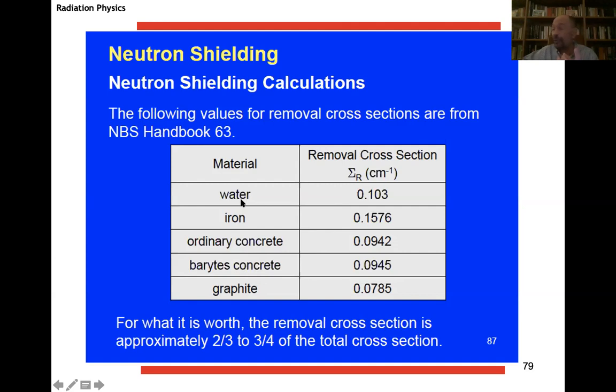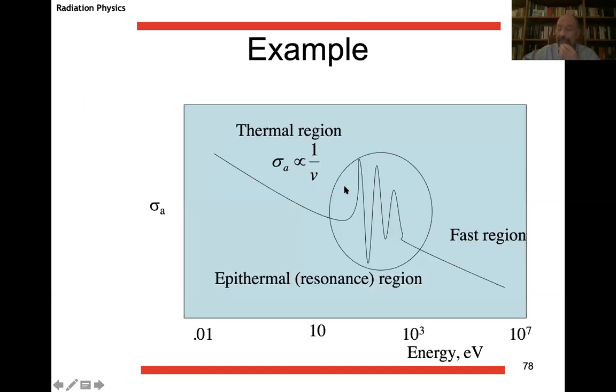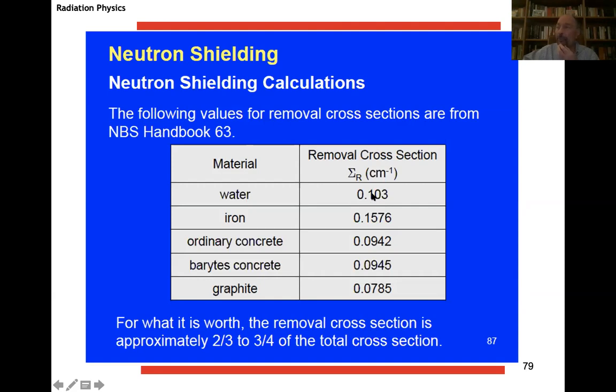Please note, of course, that for neutrons, water is pretty good. Per centimeter, water is 0.1, which is somehow surprising. If you do the mass coefficient, so if you divide this one by the density, you will see that the removal cross-section for water is much higher than the removal cross-section for iron, ordinary concrete, and so on.